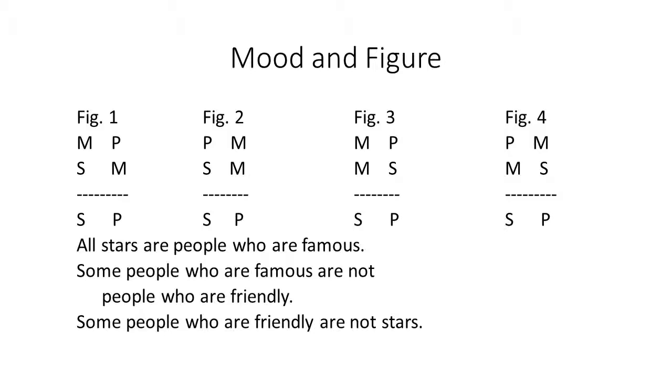Once we have mood and figure, we can make all sorts of generalizations, but we need more than just mood and more than just figure. We have to shove them together. So let's try to figure out, for this argument, what its mood and figure are. Pause me and try to do this on your own.